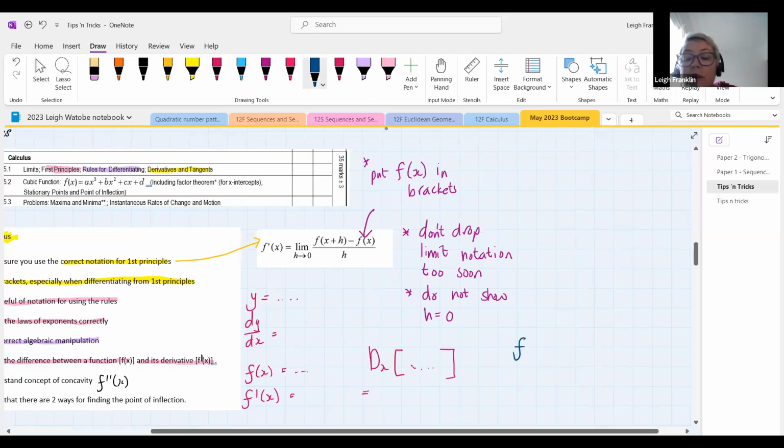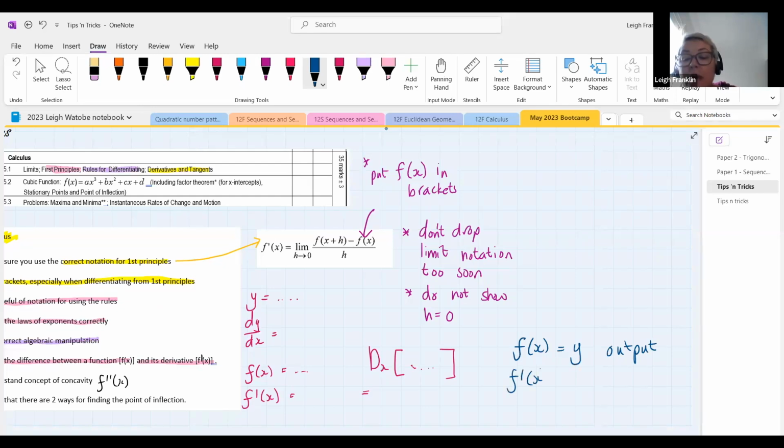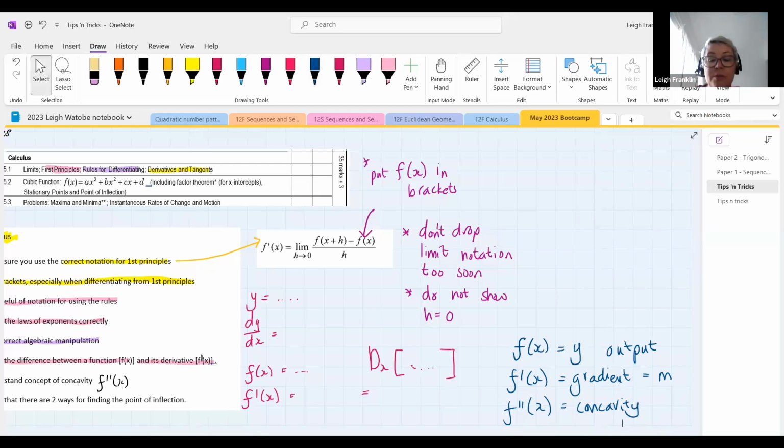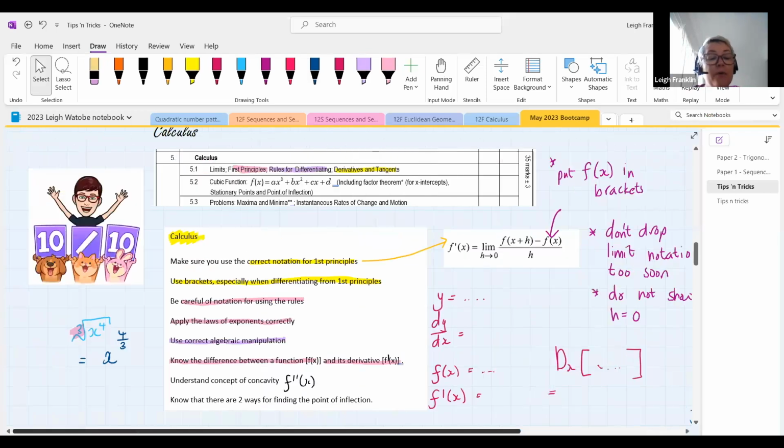A function is f of x, and we can also describe that in terms of y. That is our output. If we write f prime x, that's no longer y, that is now the gradient at a particular point. The symbol for that could also be an M. And if we've got f prime prime x, then we are now talking about a graph's concavity. So, things to be aware of there.